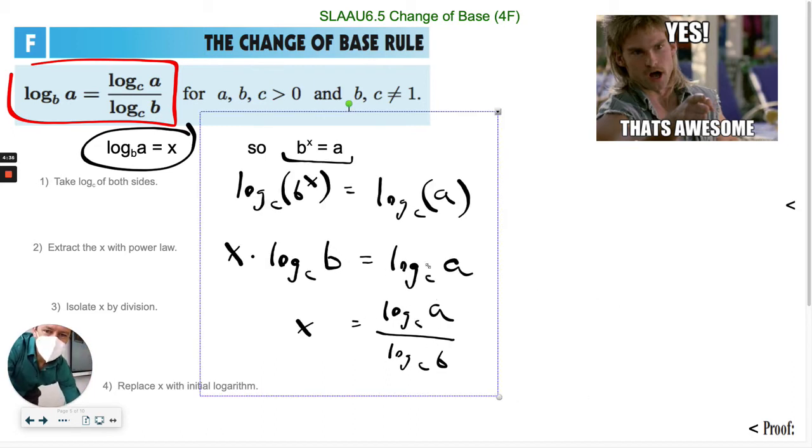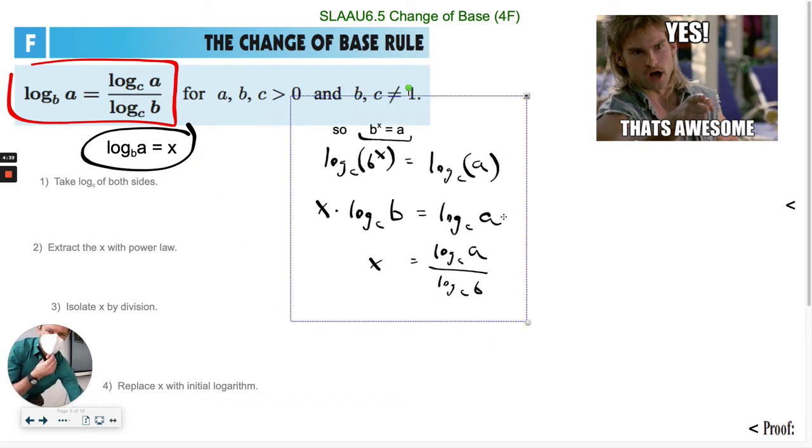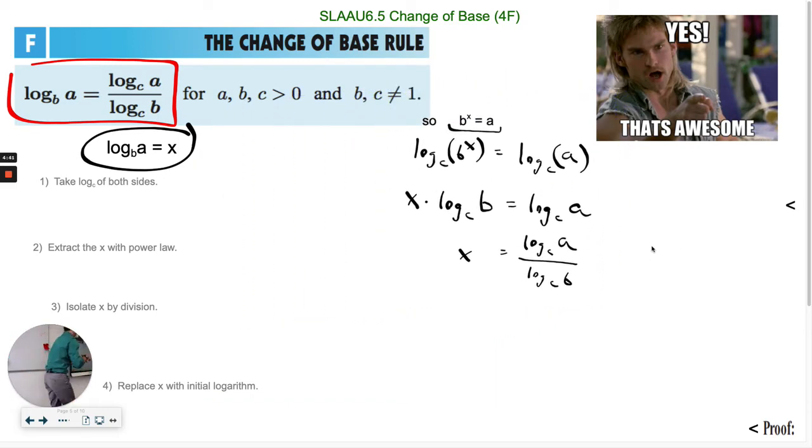So all this means is, previously, this is the way you would solve logs that weren't base 10 or E. You'd switch it into log base 10 or E. We don't need to do that anymore because the computing power is a little bit better, but we can still use this trick if we want to switch over a base to something that's more favorable or more useful.